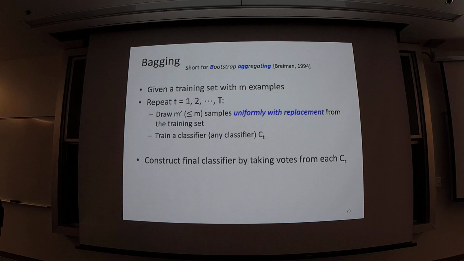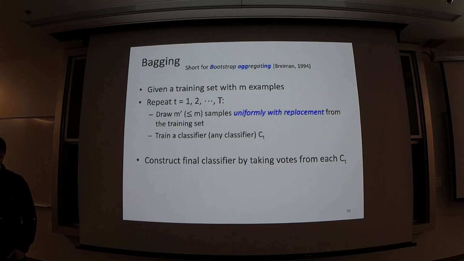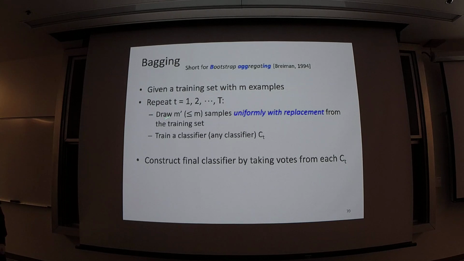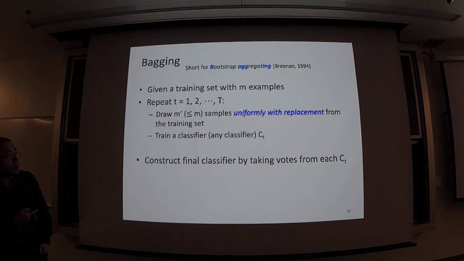Because the training is basically randomly drawing a subset of samples from the original training set, and the creation of the training set for each iteration is through uniformly sampling with replacement. So this is very important.